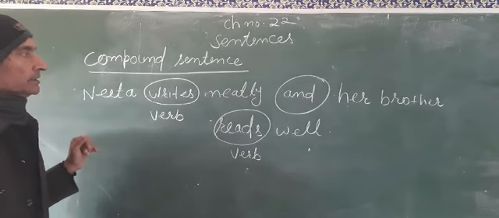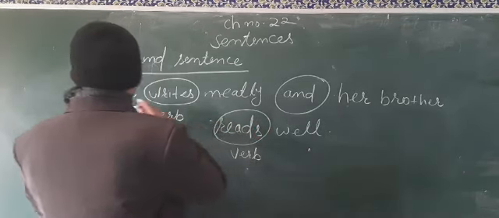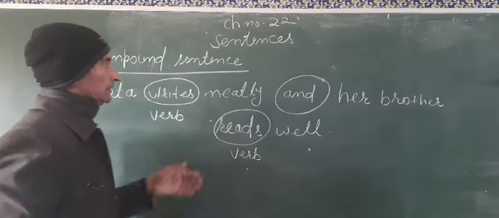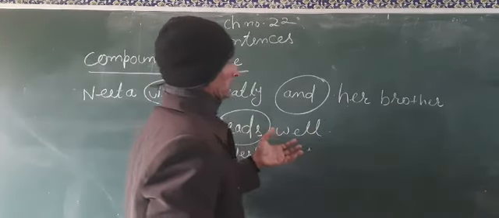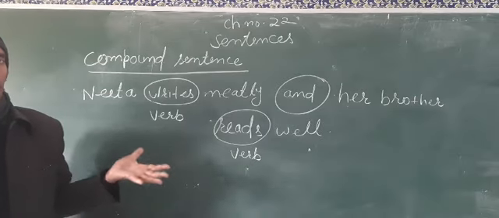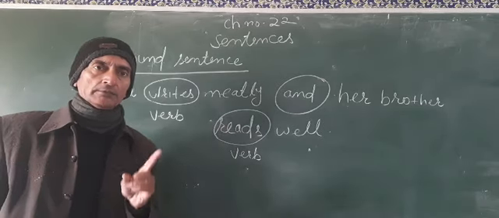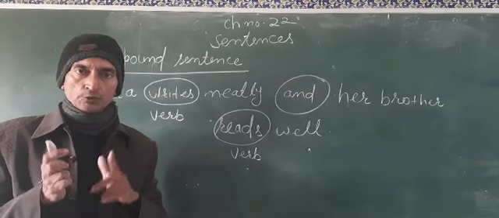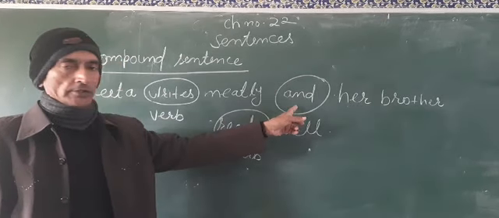If we just rub this part, Nita reads neatly, this is also giving complete sense. Her brother reads well, this is also giving complete sense. So a compound sentence means two independent clauses joined by a coordinate conjunction.